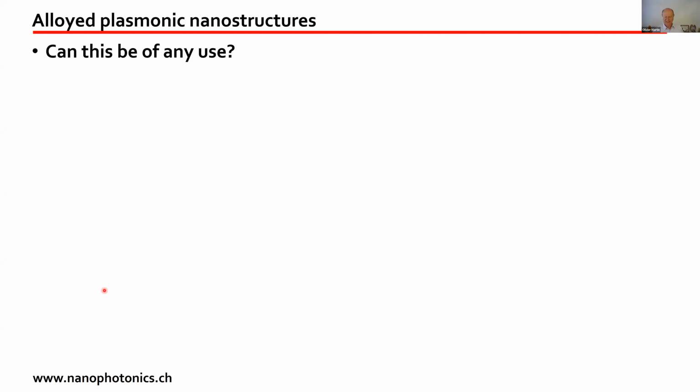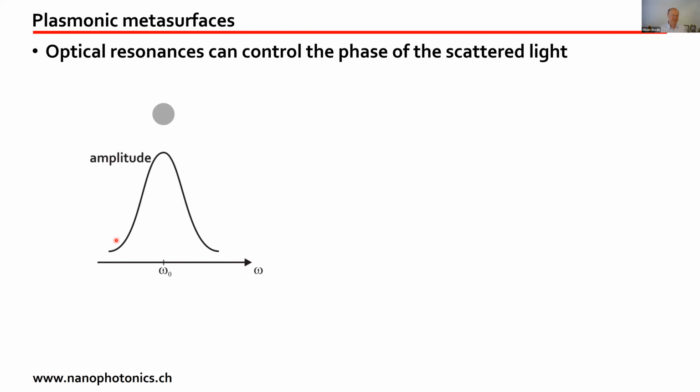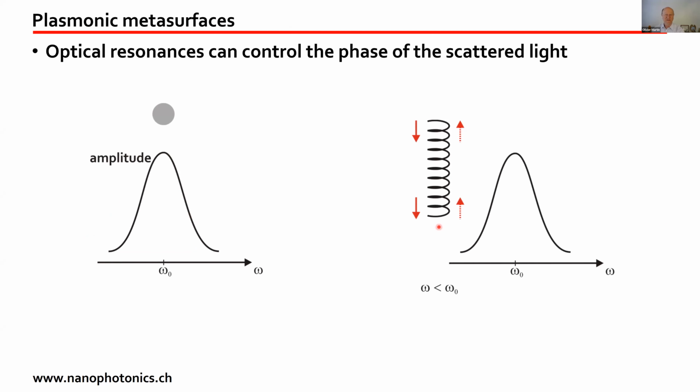Let me go back to my presentation. Something has happened, and what has happened also happens in optics. We've seen that for this small silver particle, when I get the Plasmon resonance, there is a lot of scattered light, so there is a lot of amplitude, but there is also a phase effect.